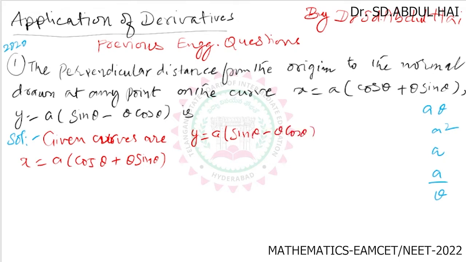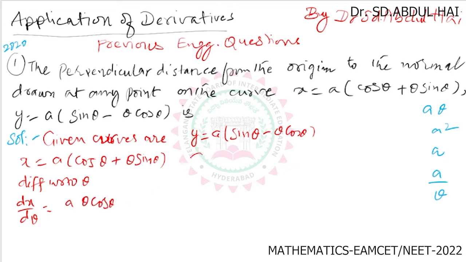Now, first of all, I am finding dx by d theta. Differentiating, you get dx by d theta = a theta cos theta.